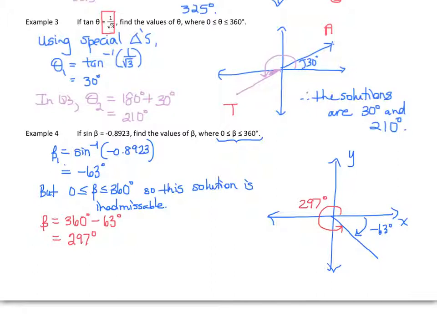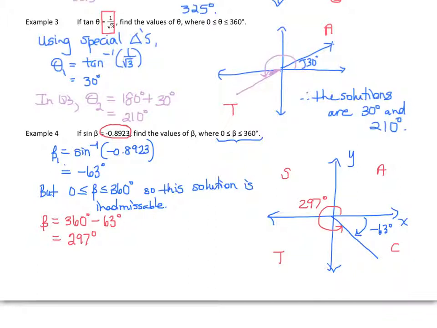Now to find our second solution, go back to your question and notice that in the question the sine ratio is negative. That's going to help you determine where your other solution is in this question. So the sine ratio is negative. Now think about this. The cast rule tells you where the sine ratio is positive. The cast rule tells you that sine is positive in quadrant 1 and quadrant 2.